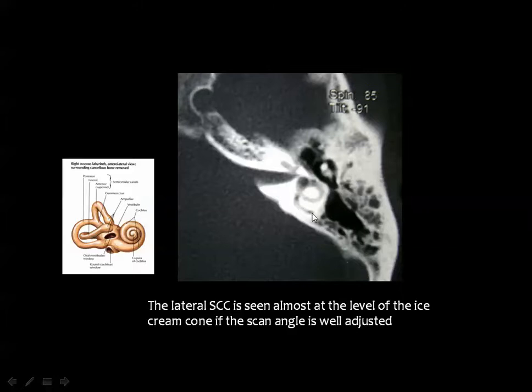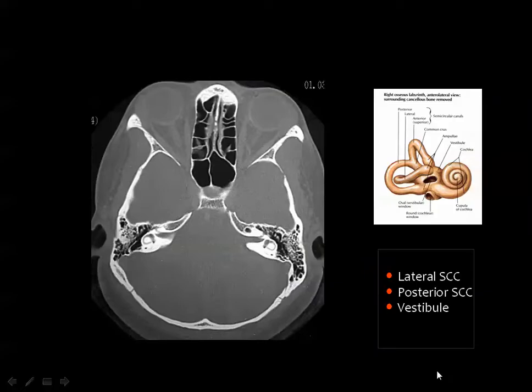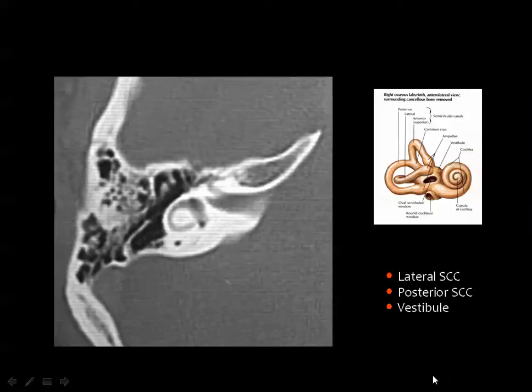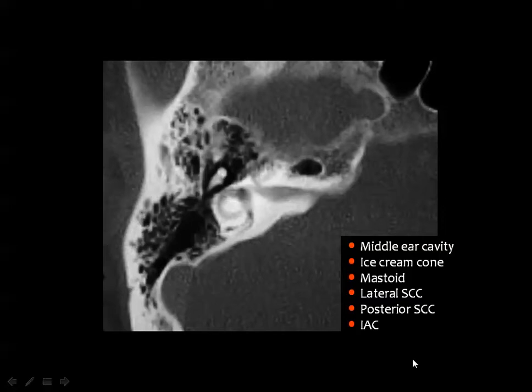You cannot see the whole course of the posterior semicircular canal because it does not lie in the plane of the section. Then if you look here, and we can magnify, this is the lateral semicircular canal, our anatomic landmark, and this is the vestibule. These two dots represent part of the posterior semicircular canal.